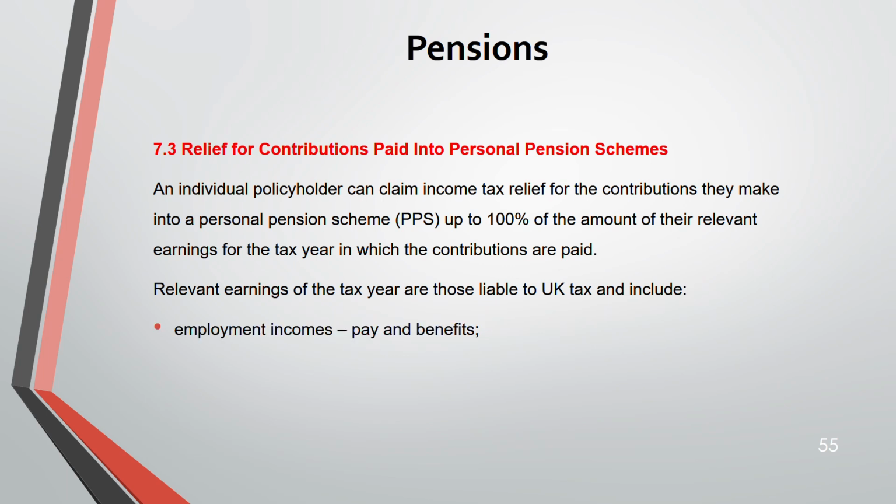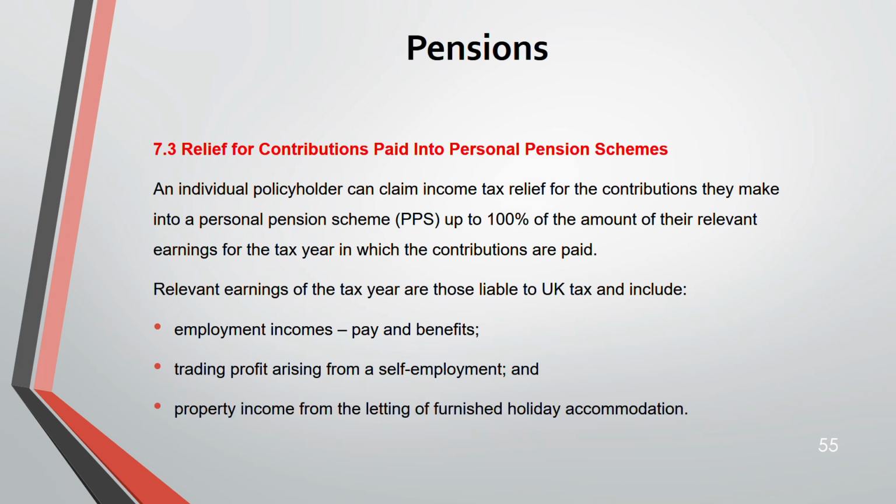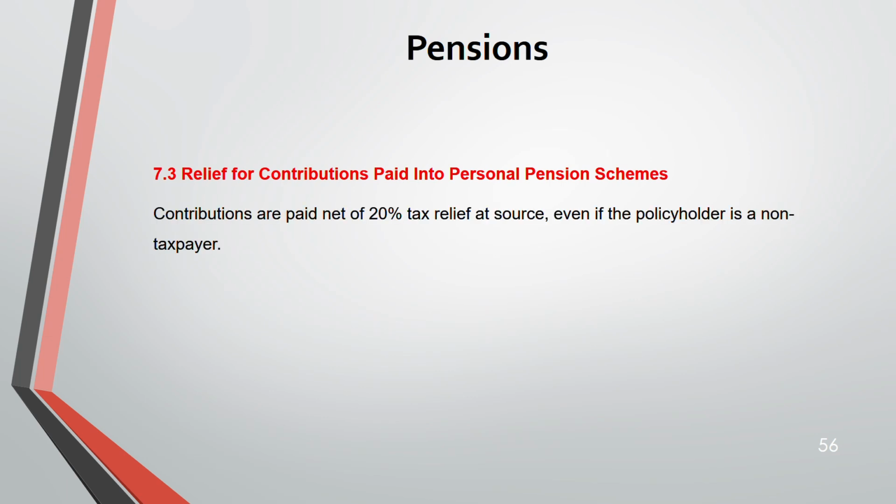Employment income, whether in cash or benefits, all employment income is relevant. Trading profit from self-employment is relevant. Property income from letting furnished holiday accommodation is relevant. So these are the three relevant earnings. 100% of these three incomes, if you have them, add them together, and 100% of the entire relevant earnings you can get tax relief. Now, how do you get the relief?